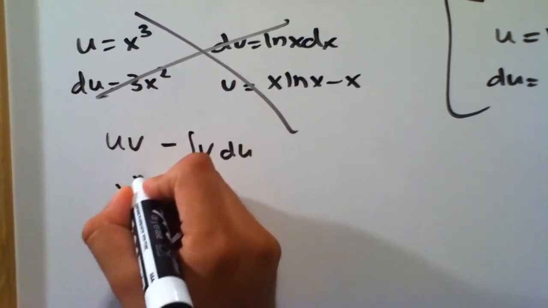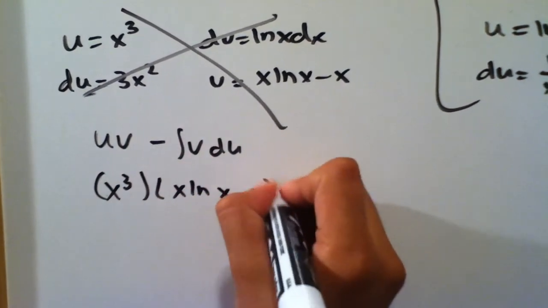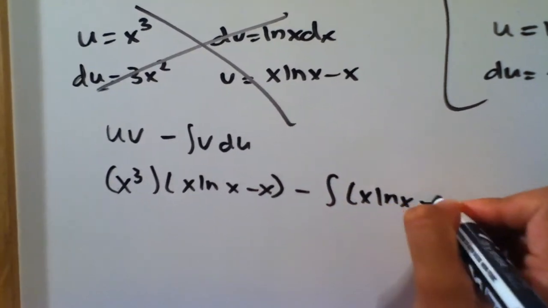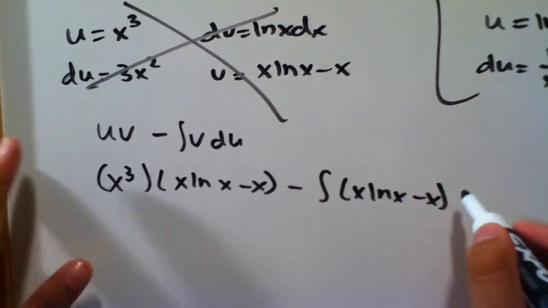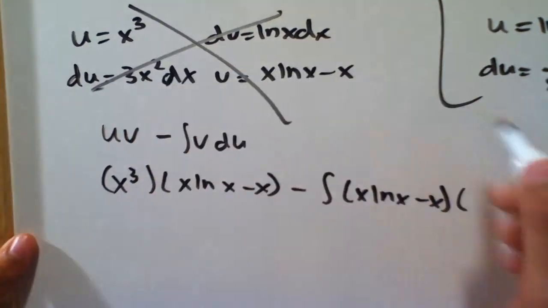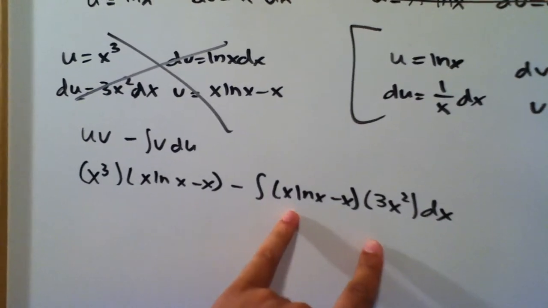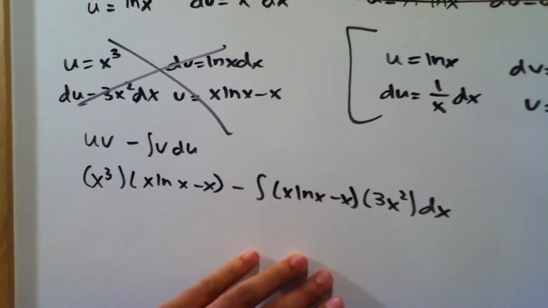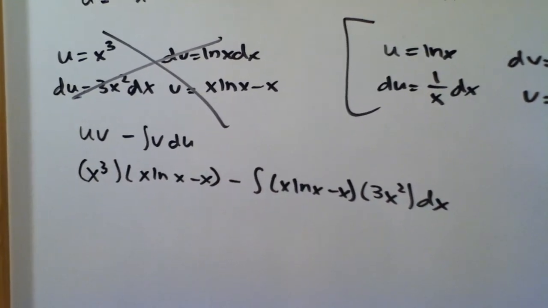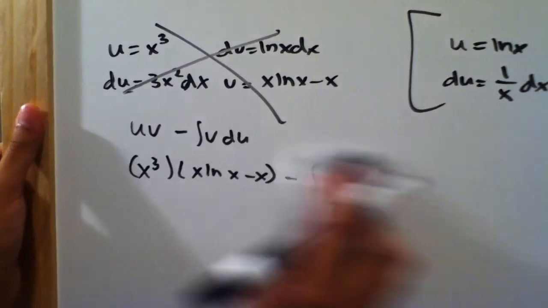So you'll have x cubed times x ln x minus x, minus the integral of v times du, which is 3x squared dx. And don't forget the dx. This is already a very complicated integral, and if you were to multiply this out, you might have to do integration by parts again, and maybe you still can't solve it. So this is why this one is clearly not the right candidate.